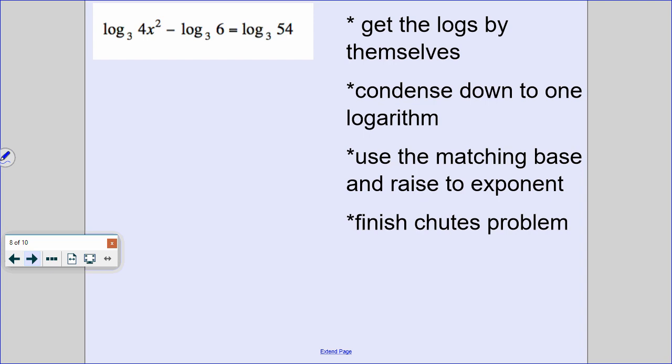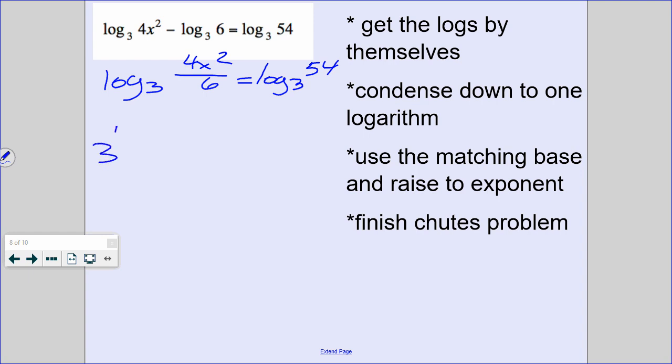So we're gonna write this as 1 first. Log base 3, it's subtraction, so it's gonna be 4x squared over 6 equals log base 3 of 54. What do I use to cancel out the logs? 3. So 3 to the log base 3 of 4x squared over 6 equals 3 to the log base 3 of 54.